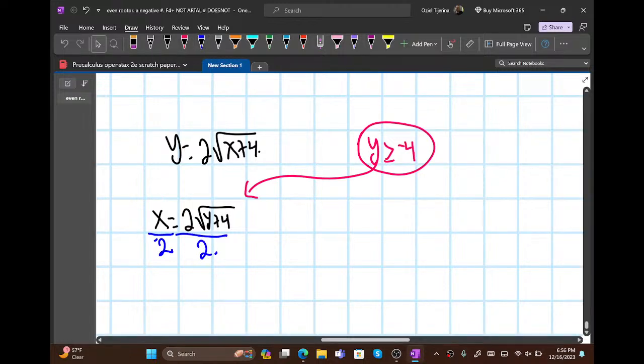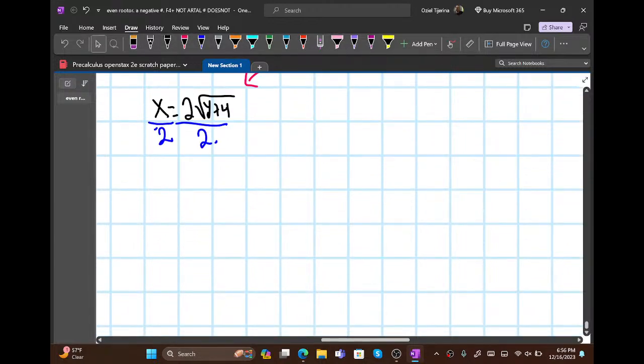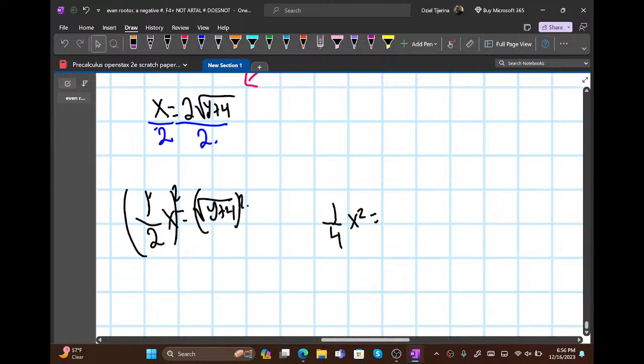So then we're going to get 1/2 x equals square root of y plus 4. Square both sides, we're going to get 1/4 x squared equals y plus 4.